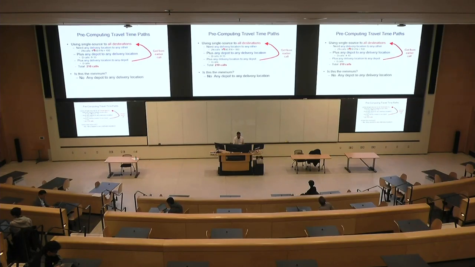Okay, so is this the minimum? No, we can also optimize the any depot to any delivery location, and that's one call with multi-source to all destinations. So you can improve a bit and make it multi-source instead of just one source, right?